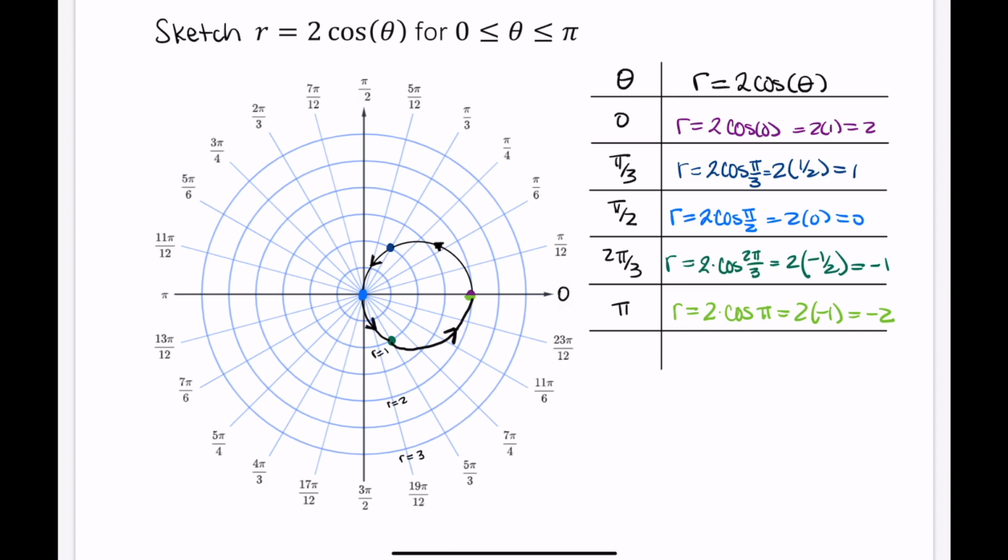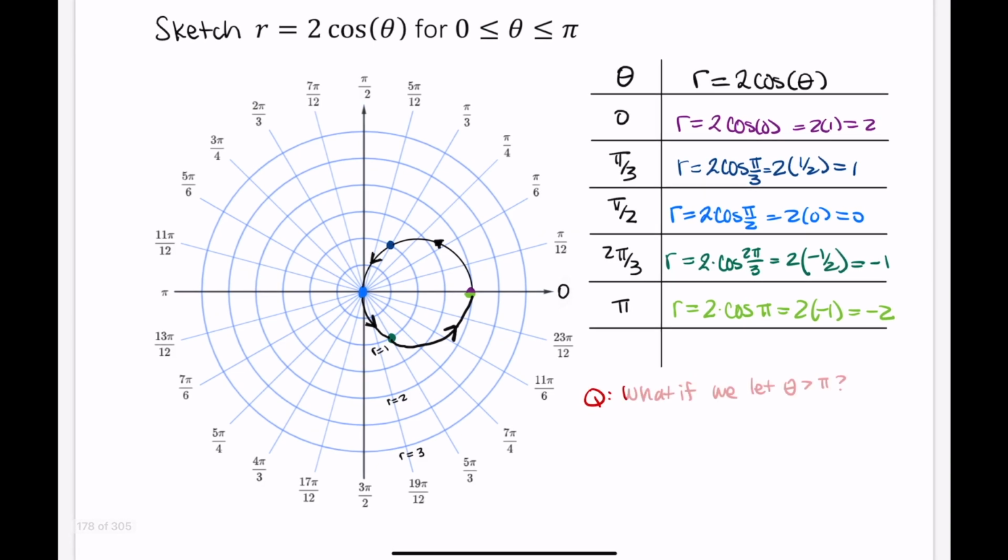This looks like a circle whose center is shifted 1 unit to the right. Now, I have a quick question for you. The reason we stopped here at pi was because I told you to stop at pi. So my question, I guess, is what if we don't stop at pi? So let's try one more. Let's try 4 pi over 3.